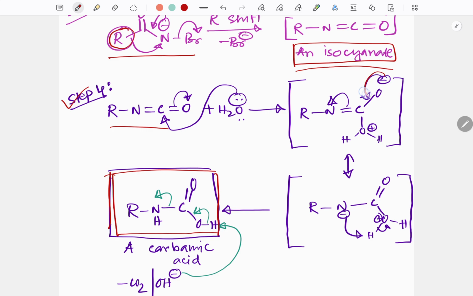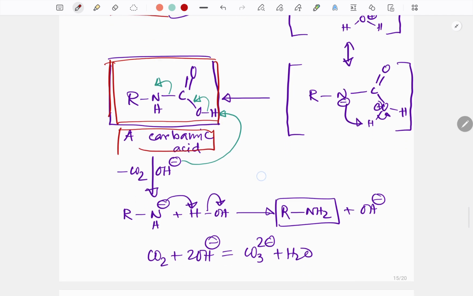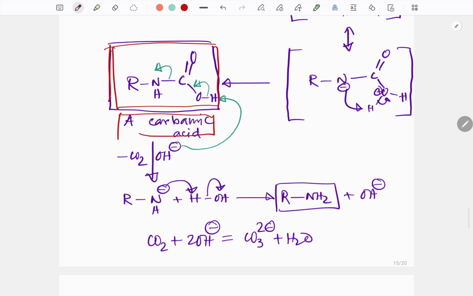Further, this O minus will delocalize with this carbon-nitrogen double bond and it will give this RN minus COOH, this one. Now that N minus will abstract one of the protons from water and it will give you this carbamic acid intermediate, which is also quite unstable.